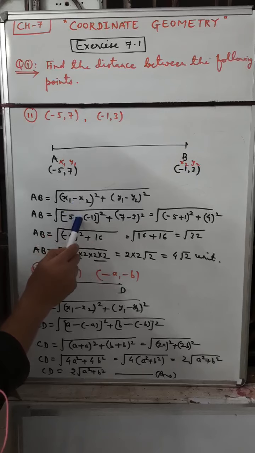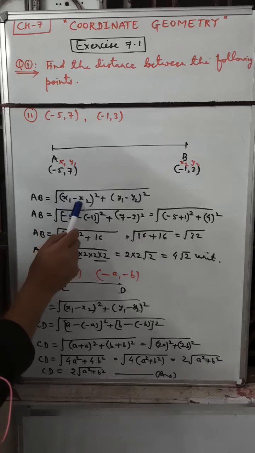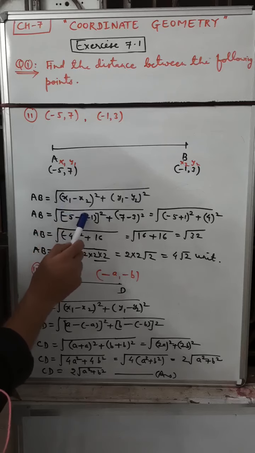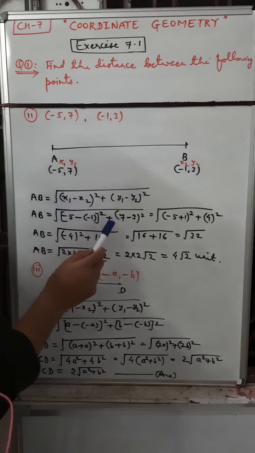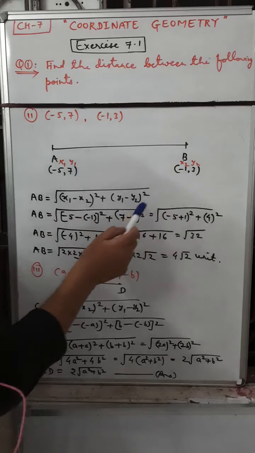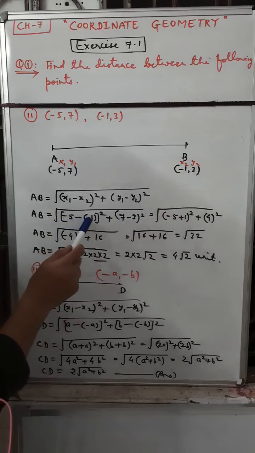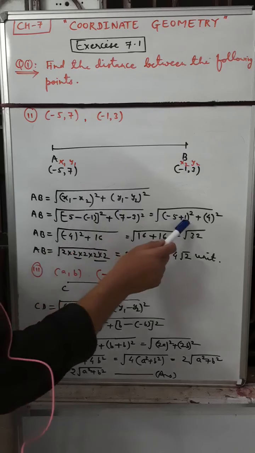So we put the minus sign as it is. x1 is minus 5 and x2 is minus 1, so we write minus 1 in brackets and whole square. Then y1 is equal to 7 and y2 is equal to 3, whole square. So minus 5, minus becomes plus.